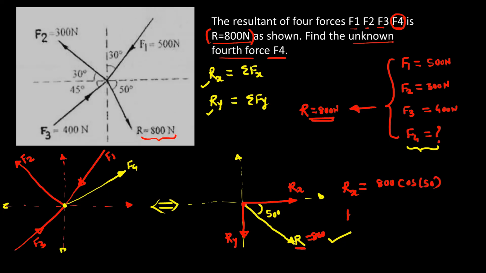Okay. And the y component Ry, this is 800 sine 50. Okay. Now just observe the direction of Ry. Ry is towards negative y direction. So this is minus 800 sine 50. Okay. So here we have calculated the x and y component of resultant, and that means summation Fx and summation Fy. Okay.